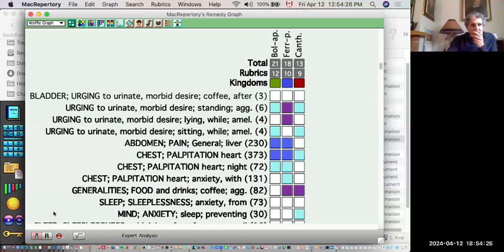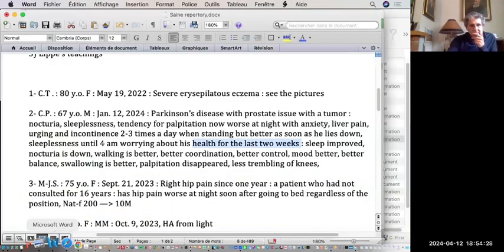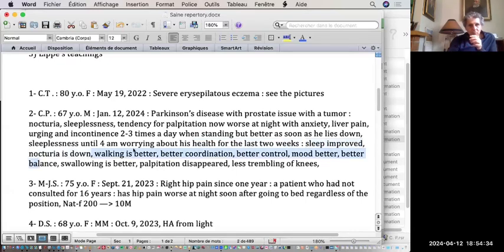Ganoderma tsugae. And the result was sleep improved right away. The nocturia went down. The walking, the Parkinson walking, the coordination got better, better control, better mood, better balance.